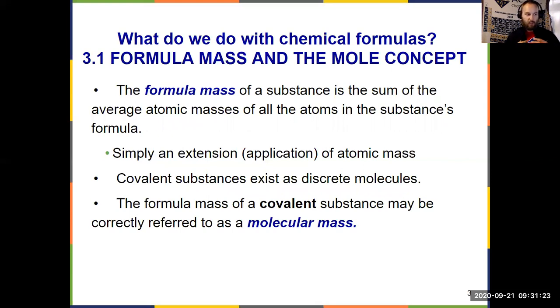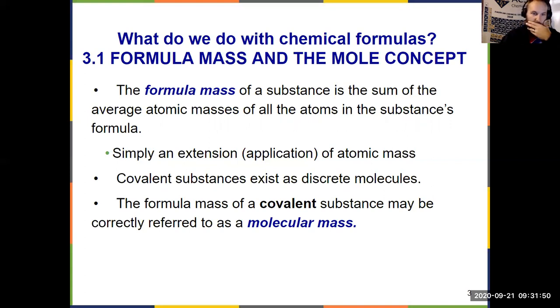We are now just thinking about it as, for example, on this slide, a molecule. So we take everything that's in the molecule, add up their atomic masses, and that is the formula mass of a covalent compound. We can also call that a molecular mass. So you can see those two terms used interchangeably, right? Formula mass, molecular mass, because we're dealing specifically with molecules.